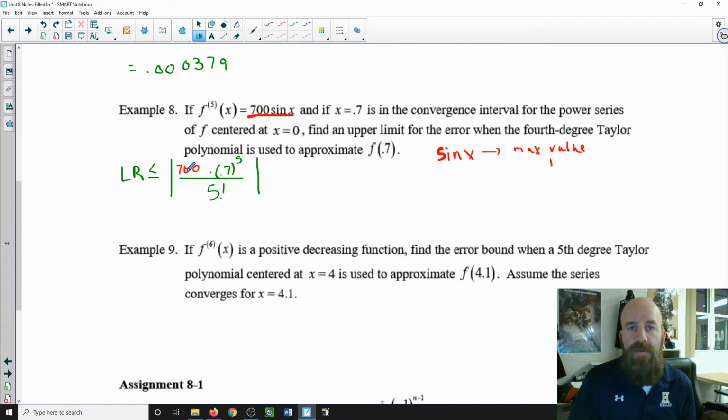So that's what we're putting in there. Okay. We calculate this out, and this is 0.9804. Okay, so that is the Lagrange remainder for this.